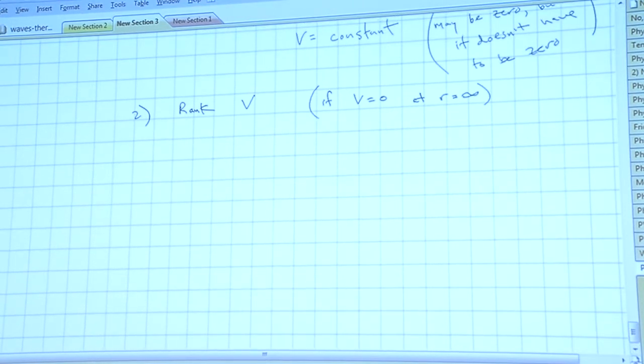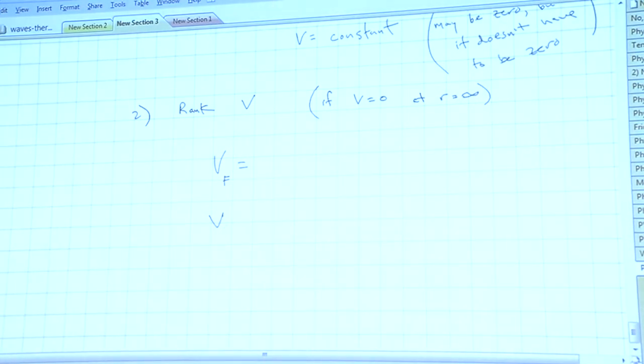Let's just go ahead and put values in. What's the voltage at F? K times the charge, which is 2Q, over the distance, which is 3R over 2, right?